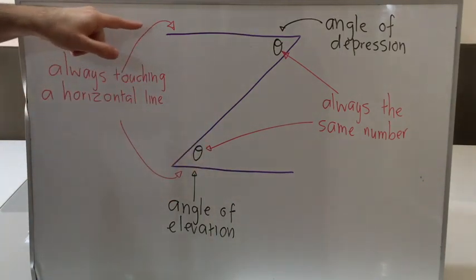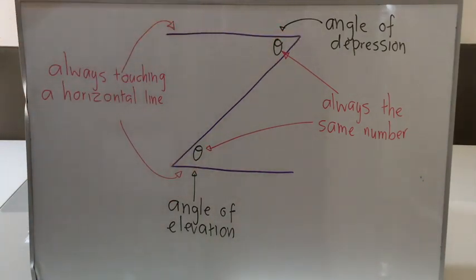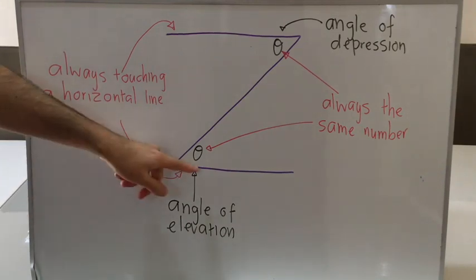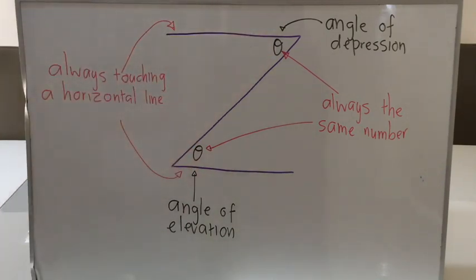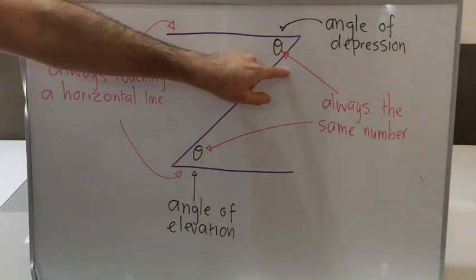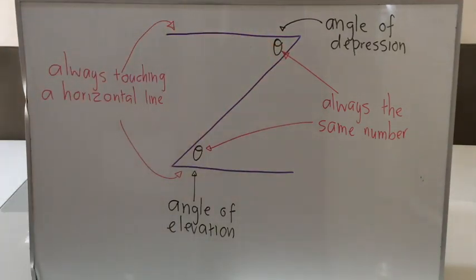With the angle of depression, you always start at a horizontal line and you start looking downwards. That's really important, especially when we need to draw our own diagrams to answer the questions. Make a really important note that the angle of elevation and the angle of depression are always touching a horizontal line. So you start horizontal and come up, start horizontal and come down. It's never in here, over here or anything, okay?